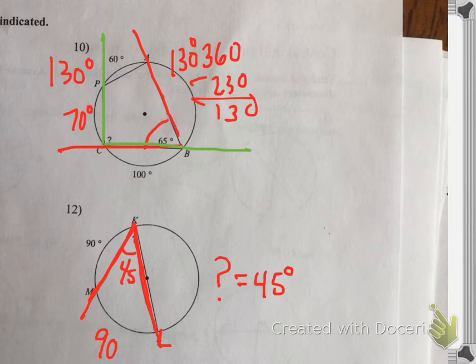So I think, okay, here's the whole arc. 60 plus, I know AB is 130. So 60 plus 130 is 190. So the arc is 190. So I know it's an inscribed angle because the vertex is right here.